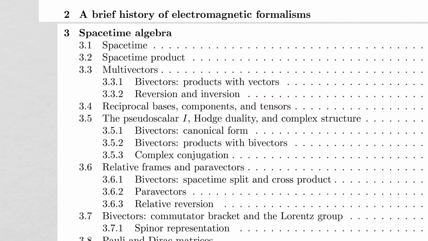Components we've actually discussed a little bit, so they're going to repeat that. The reciprocal basis is an important idea that's going to end up looking a lot like the dual basis in our previous work on tensor spaces and their dual spaces.